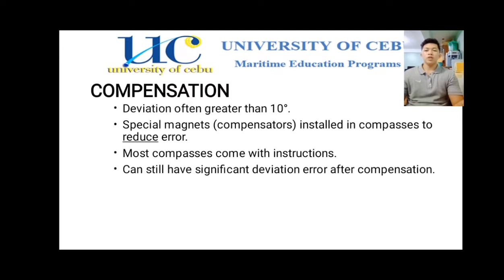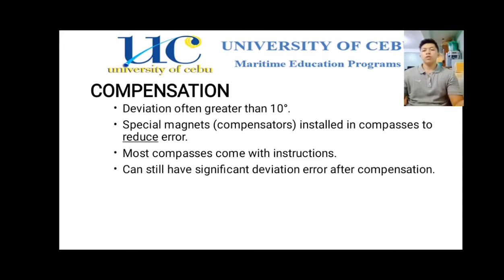In compensation, we have deviation of greater than 10 degrees and the special magnets, or compensators, installed in the compass to reduce error. Most compasses come with instructions, and it can still have a significant deviation error after the compass compensation.